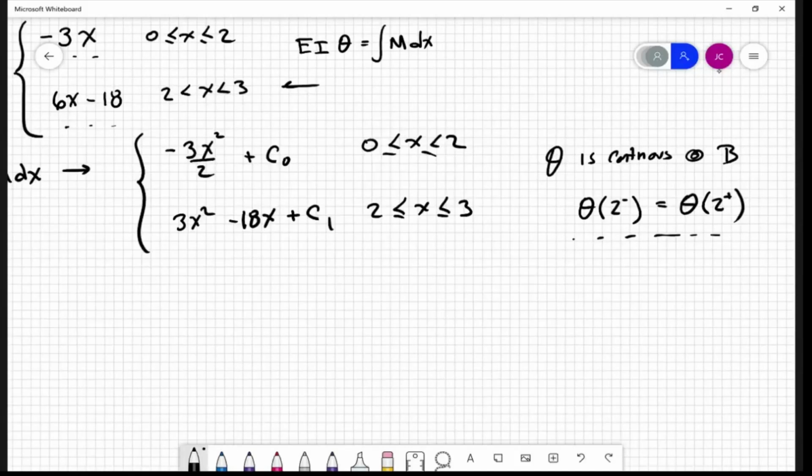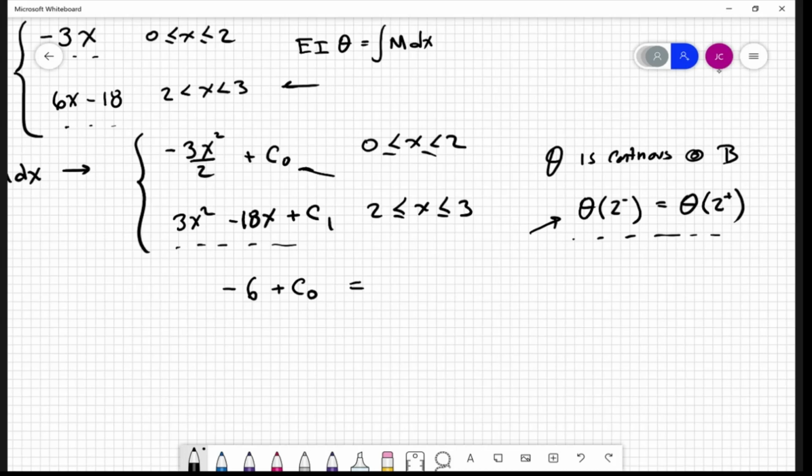So we're going to invoke this continuity. From the left, we're going to use this equation here. That gives us minus 3 times 2 squared, that's 4, over 2, so that's minus 6 plus C0. And that has to equal the evaluation to the right. So that's the second equation evaluated at 2.